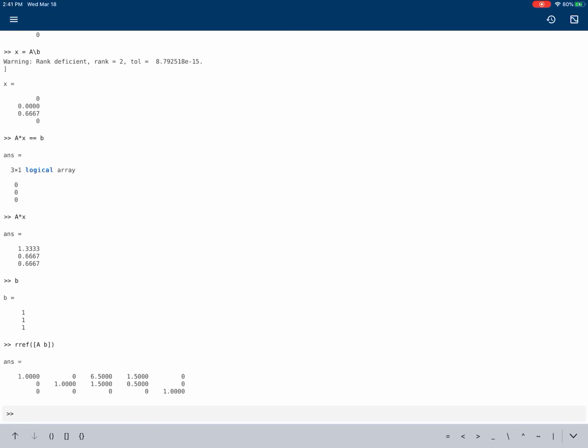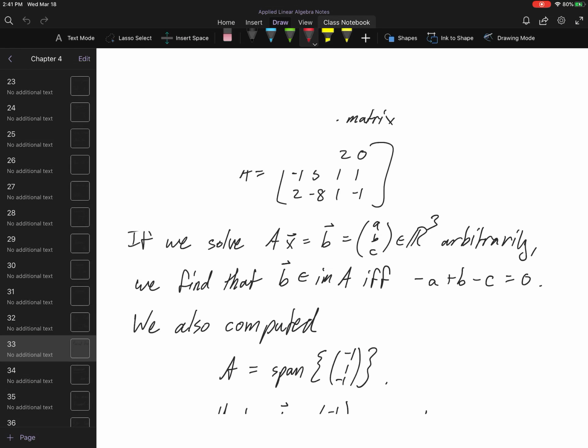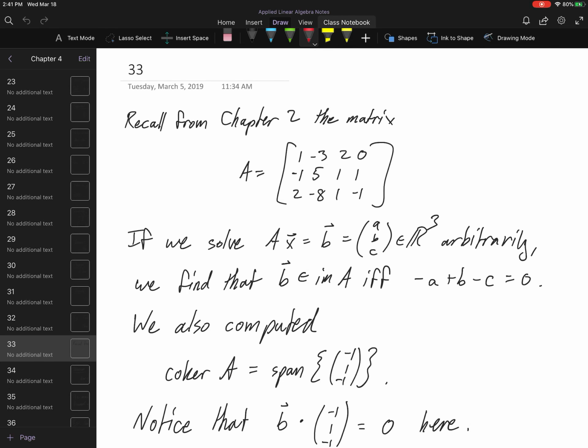So wouldn't it be nice if there was a way for me to figure out if this system had a solution before I go through all this trouble of potentially saying that I have a solution when I definitely don't? Well, sure, you can do this in general.